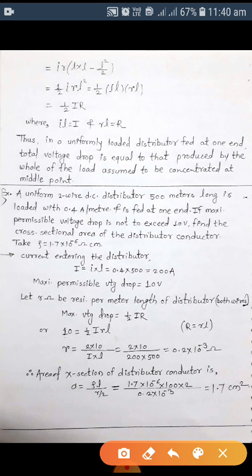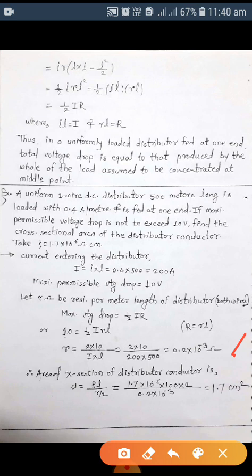Therefore put the value of voltage drop 10 volt equal to, instead of capital R, we can write r into L, where r is the resistance per meter length of distributor. Therefore that equation becomes r equal to 2 into 10 divided by I into L. By putting the values, we will get value of r as 0.2 into 10 raised to minus 3 ohm. That will be the resistance per meter length of distributor.